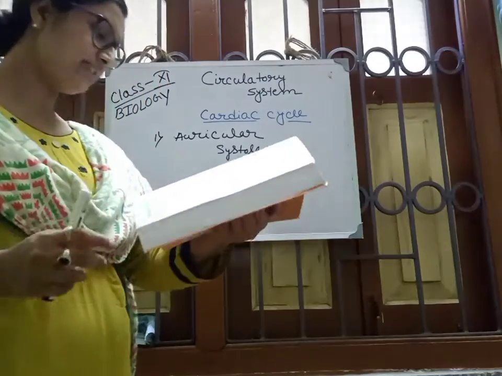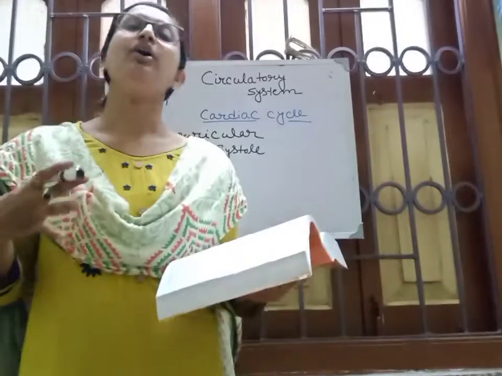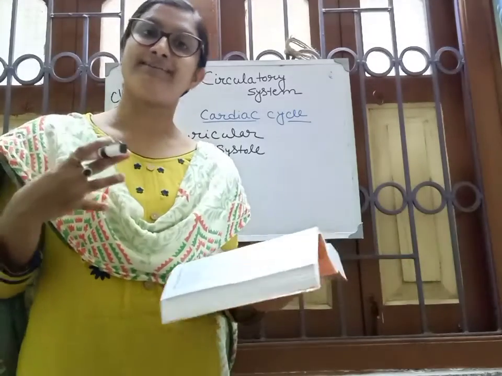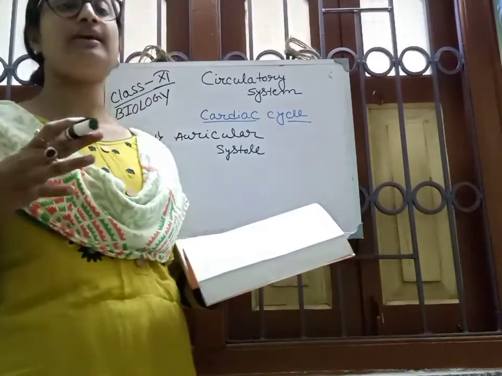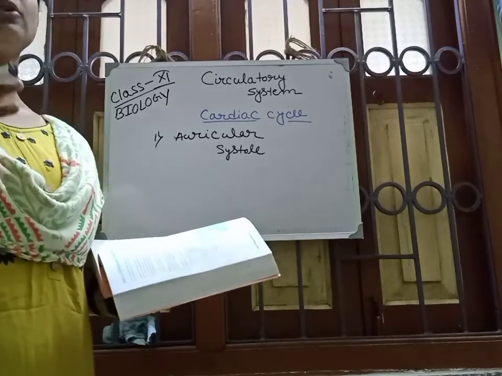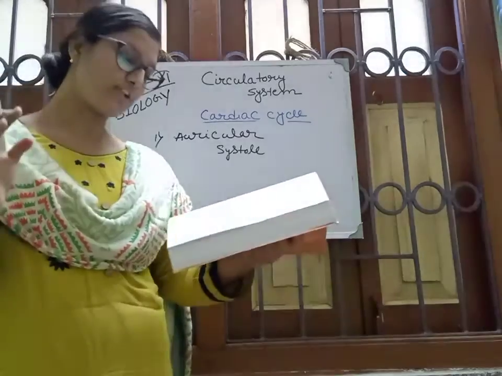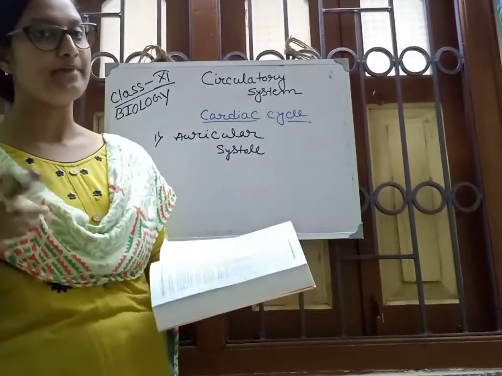In the auricular systole, when the auricles are full of blood, they start to contract. This contraction is called systole. The contraction of the auricles pumps blood to the respective ventricles.